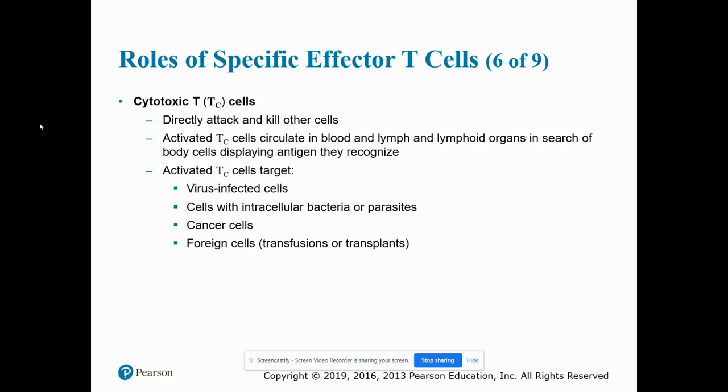So that cytotoxic T cell circulates around looking for that one specific antigen. Activated cytotoxic T cells will target cells that are infected with viruses, cells that have intracellular bacteria or parasites, cancer cells, and then foreign cells, like foreign cells obtained through transfusions or transplants.